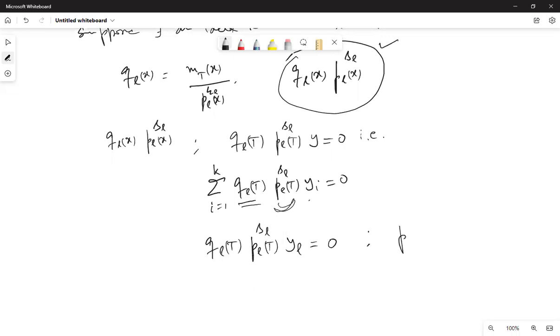Also, we have PLT SL, which is applied on YL. This is belonging to what? See here.